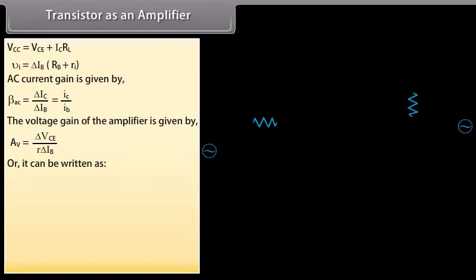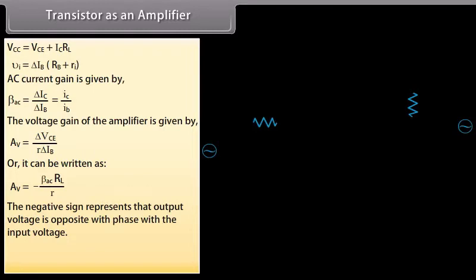Or it can be written as AV equal to minus beta AC RL upon Ri. The negative sign represents that the output voltage is opposite in phase with the input voltage. The power gain of the amplifier is given by AP equal to the product of beta AC and AV.